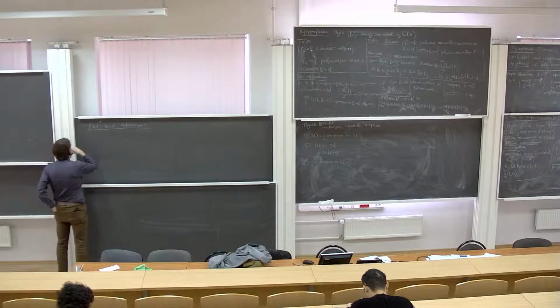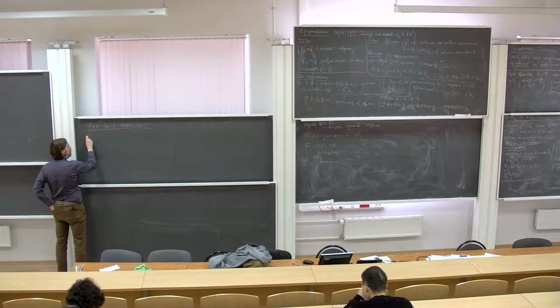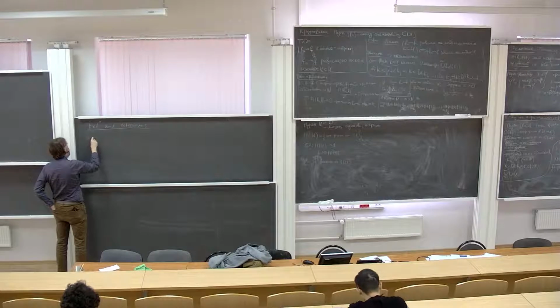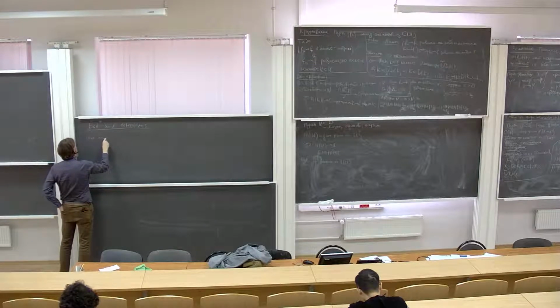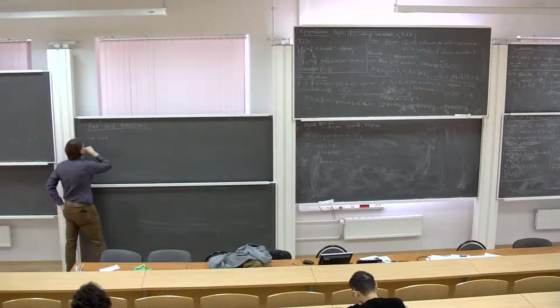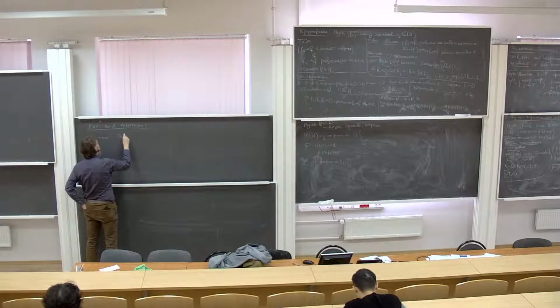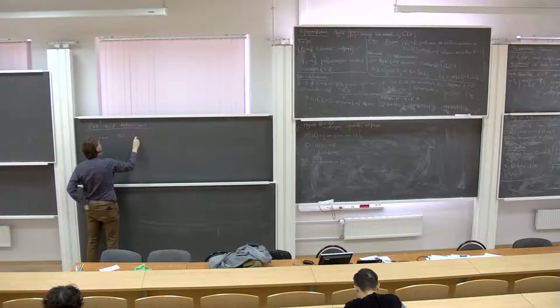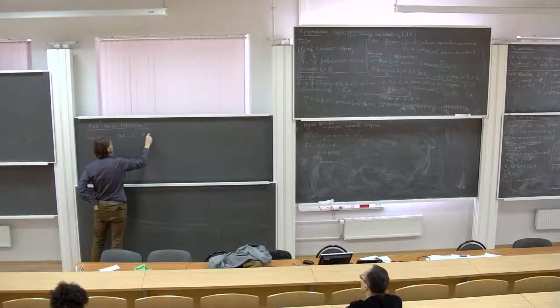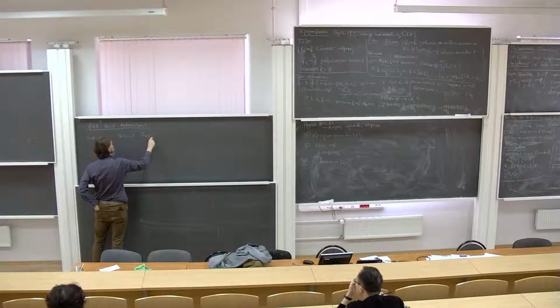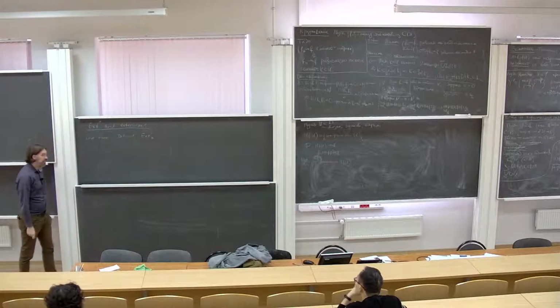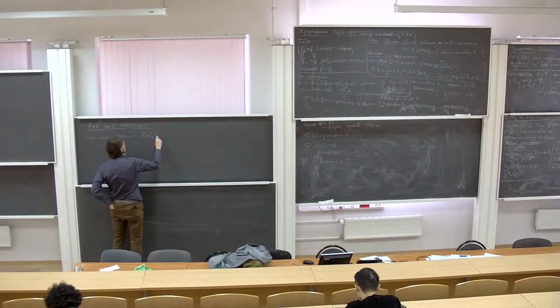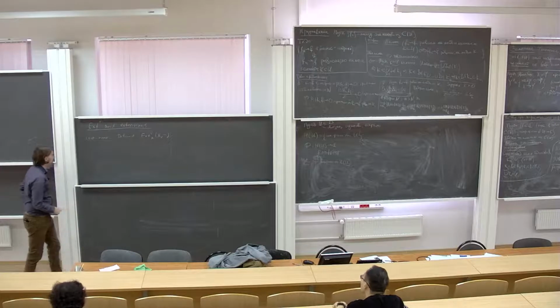So last time we defined functors Ext^i. So X was fixed, and then there's some variable.